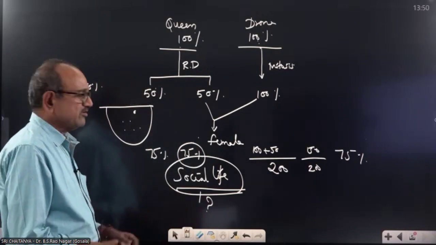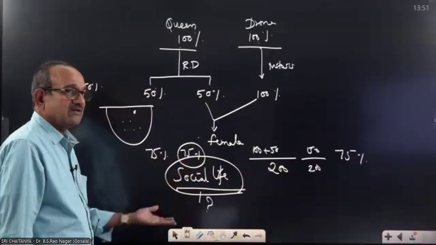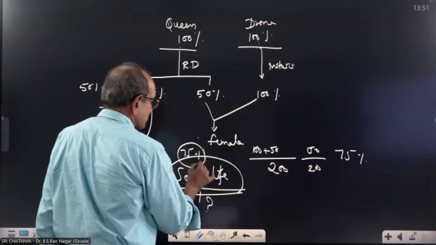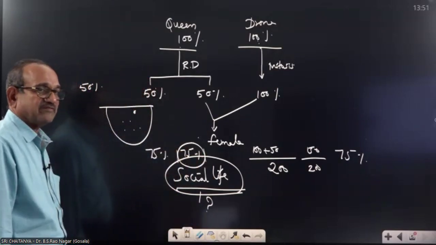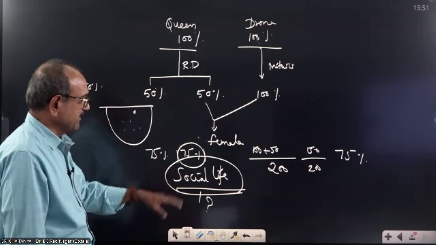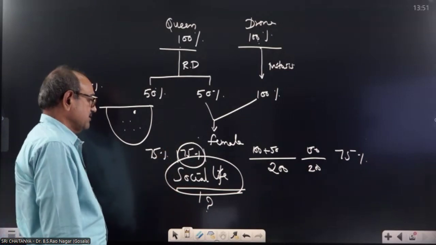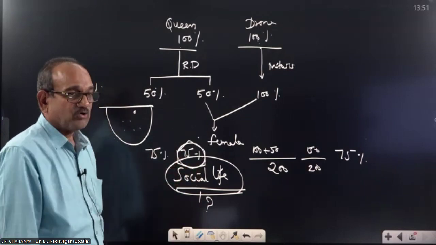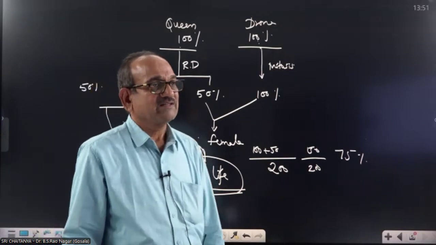Because 75% of genes are common, they work together, and this is the basis for the evolution of social life, colonial forms. So it has a very significant impact on the evolution of insects. This is the specialty of this haplodiploid method of sex determination.